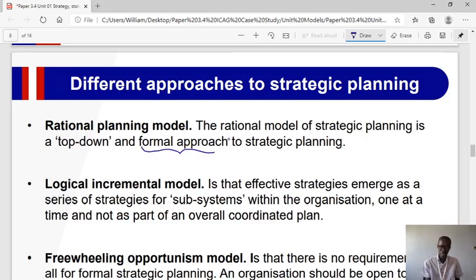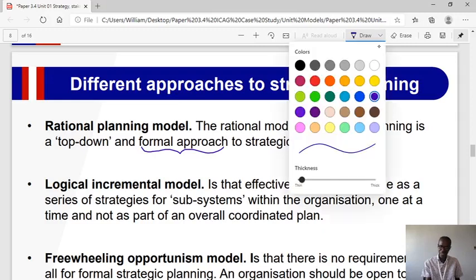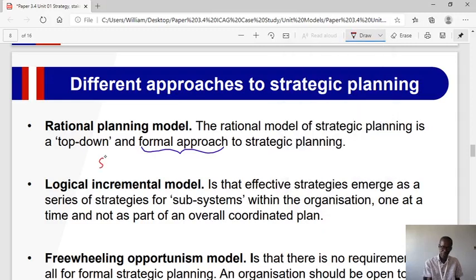Formal approach, such as saying that where you are going to look at a strategic plan, we should start with our strategic position or strategic analysis, and we'll be looking into this not long from now. Once the strategic position has been analyzed, then we could go on to look at our strategic choice, the choices that we have to make based on our analysis.